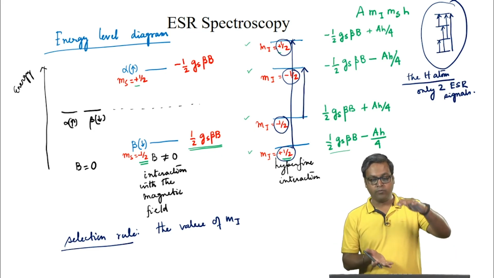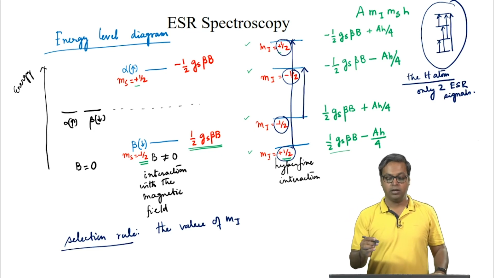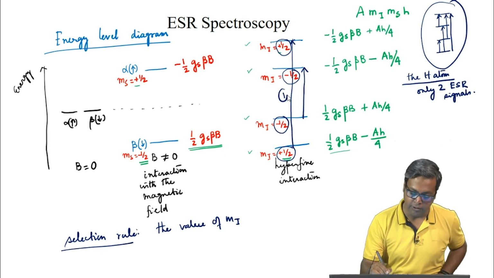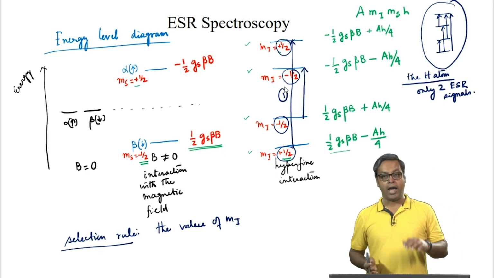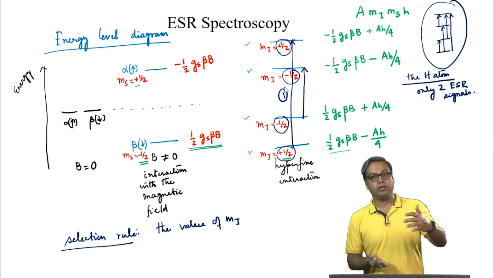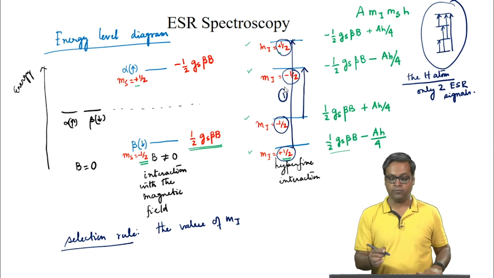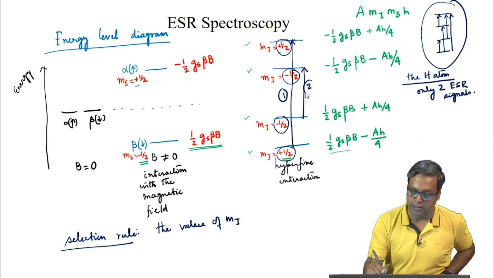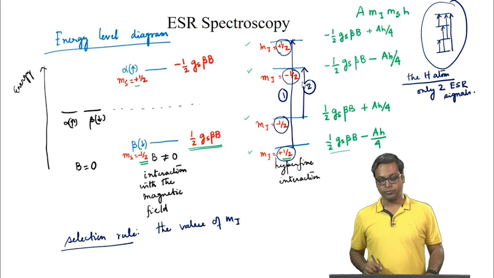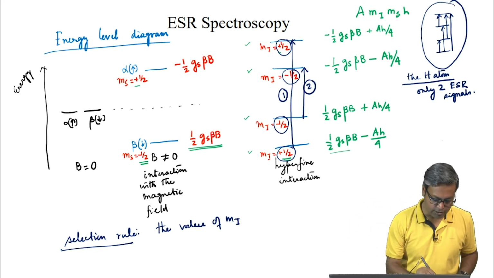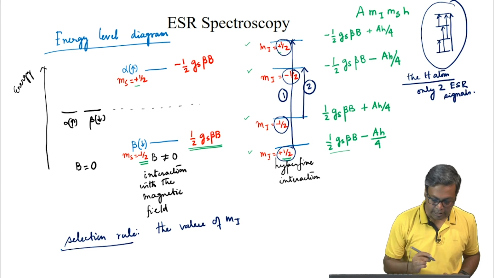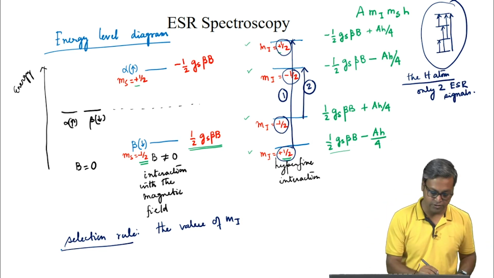We have one transition which is of larger energy, and we say this is number 1, and another transition which is of smaller energy difference, which we label as number 2. Now let us look into these transition energies.